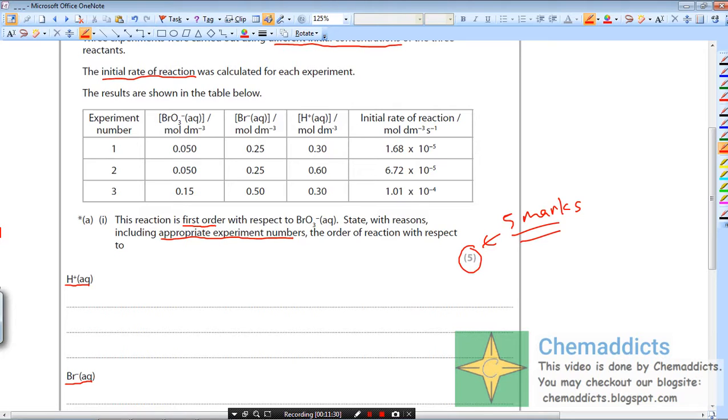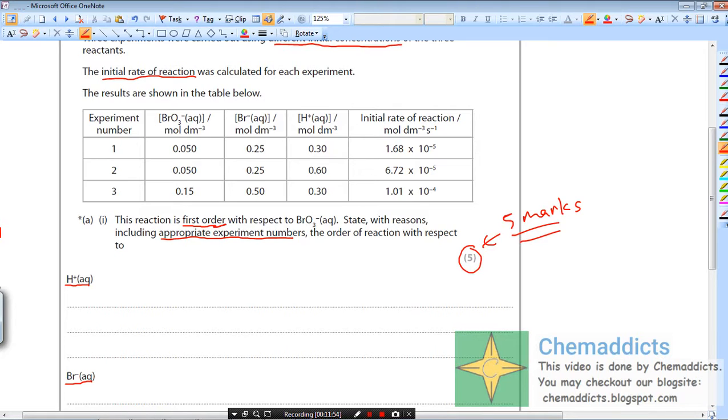Let us read the question once again. This reaction is first order with respect to bromate 5. State with reasons including appropriate experiment numbers the order of reaction with respect to this. Now let us break this question into small parts.